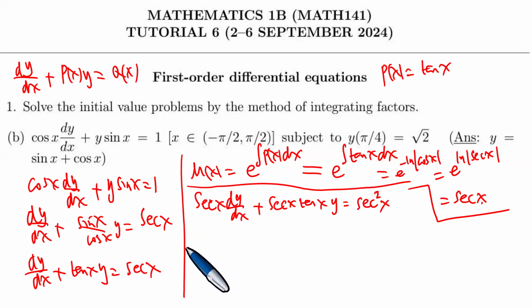Okay, so this is 1 over cosine, sine over cosine. Yeah, it's okay.